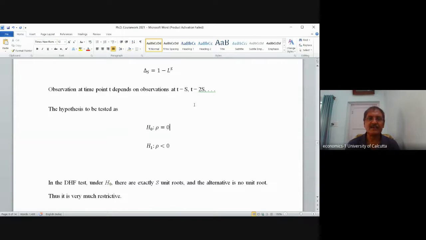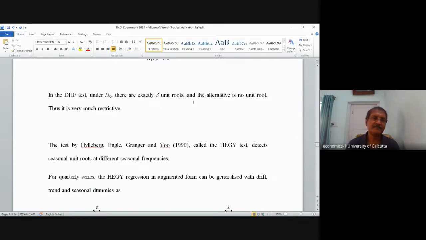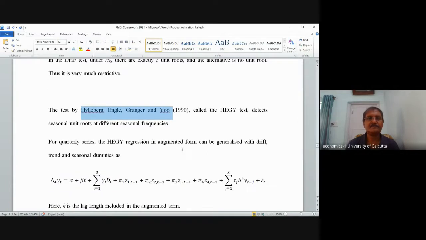As a result, later on in 1990, Hylleberg, Engle, Granger, and Yoo developed further the techniques for unit root in presence of seasonality in the data. And their original work in 1990 was restricted to the quarterly data.